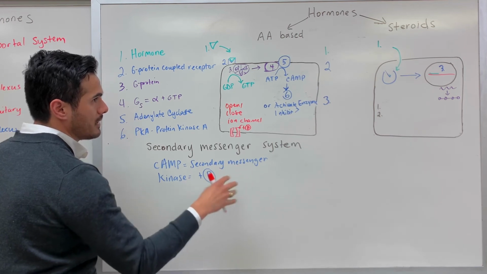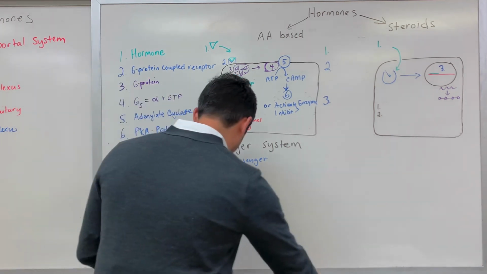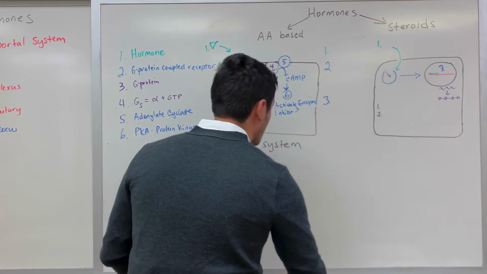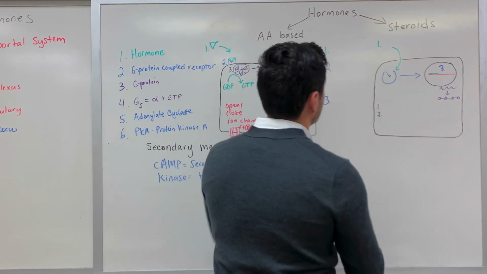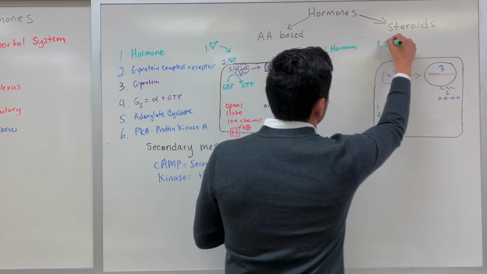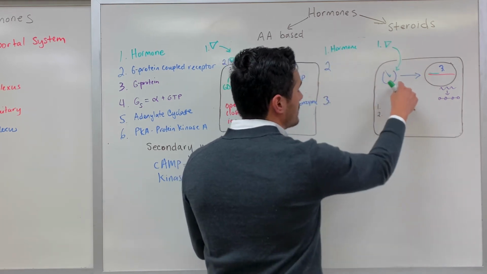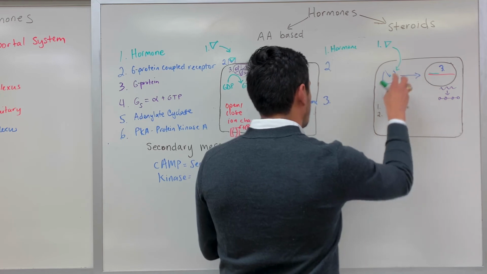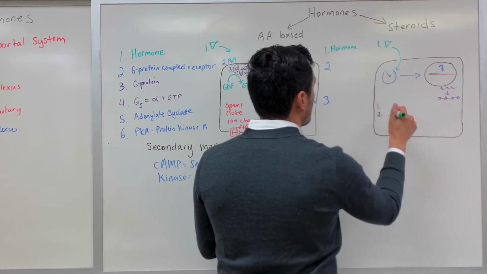So now let's talk about steroids. With steroids, I'm going to write our hormone. So we have this steroid hormone, and its receptor, once again, is found here within the cytoplasm or within the cytosol.